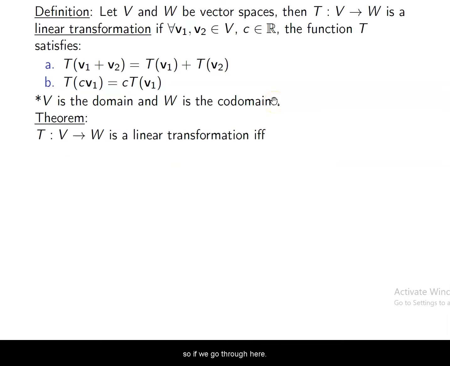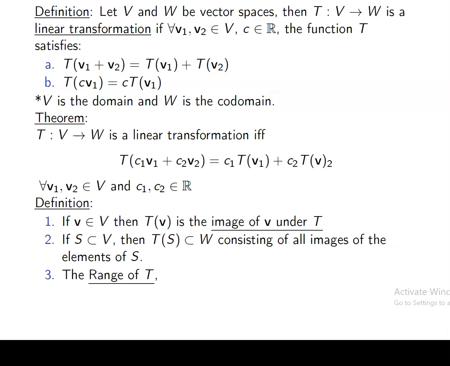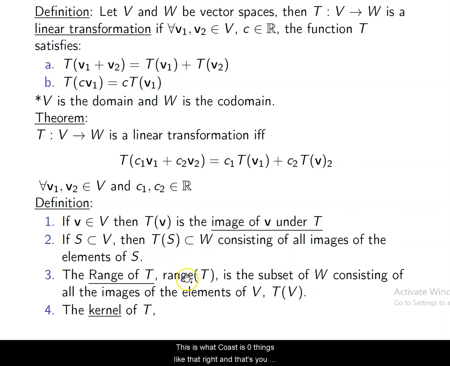If we go through here, there are a few things that we can use. A lot of these definitions, like this one, are just talking about the transformation itself, right? What happens when you take something and send it out. Here you can transform a whole space, or transform a single vector. This is what goes to 0, things like that.